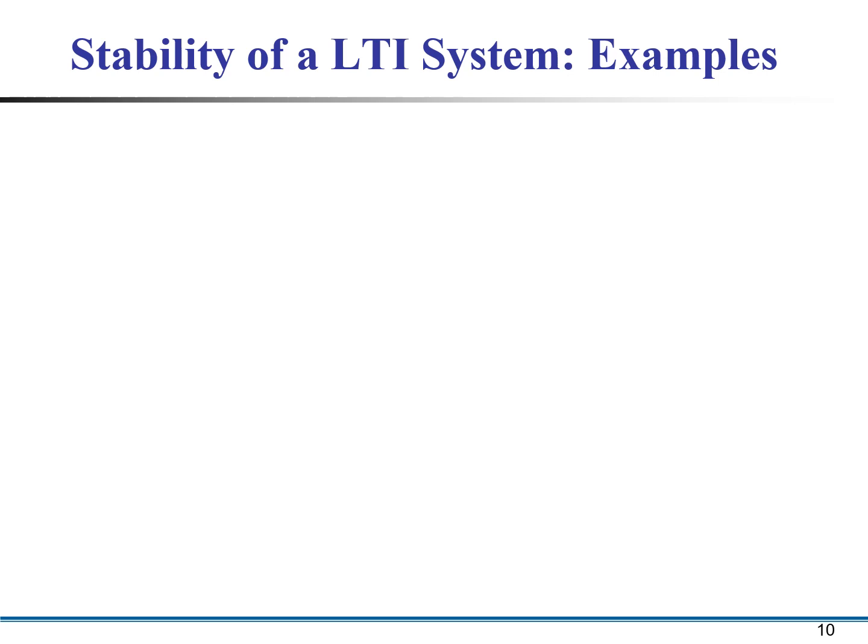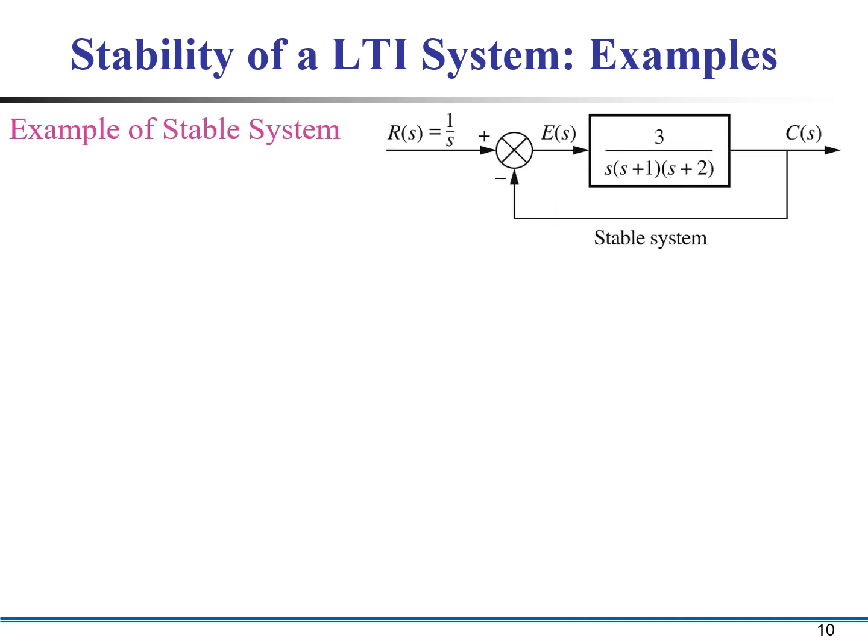On this slide, we will discuss one example related to the stability of the system. So we will discuss the open loop stability and the closed loop stability of the system. Here this is the open loop system.